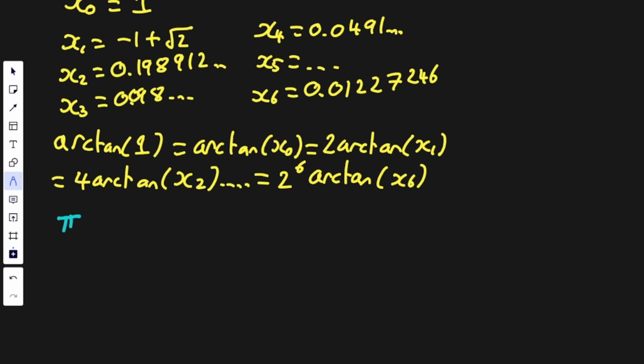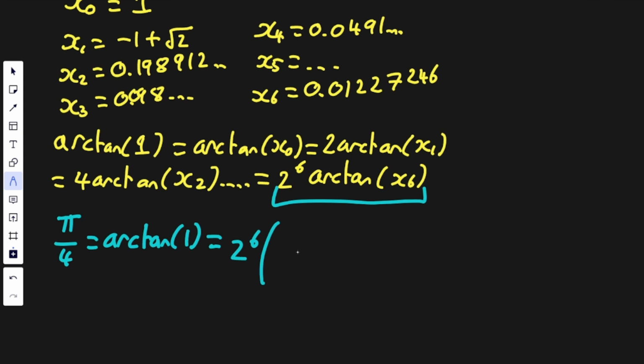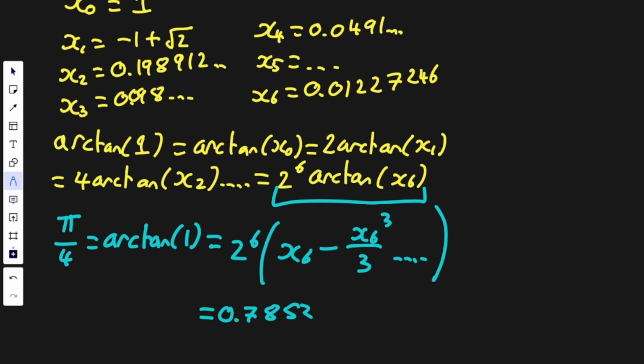So we know that pi on 4 equals arctan of 1, which is equal to, replacing this, 2 to the power of 6 times x_6 minus x_6 cubed over 3, etc. And plugging that into the calculator, we get 2 to the power of 6 times answer minus answer cubed over 3, which gives us 0.78539.